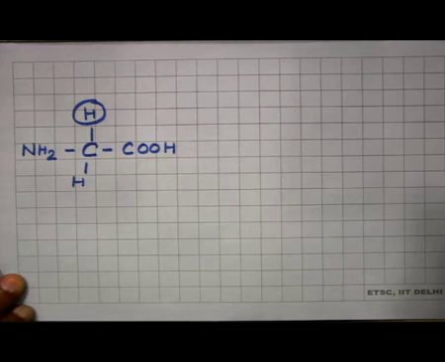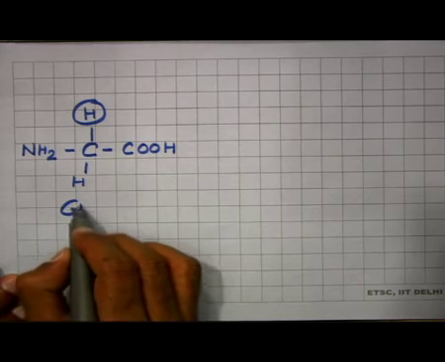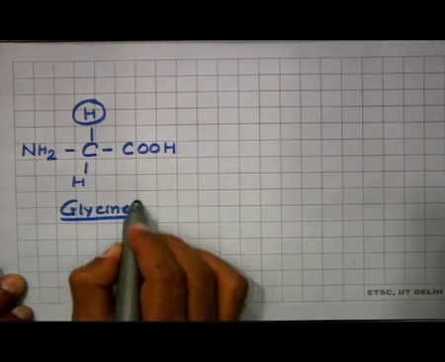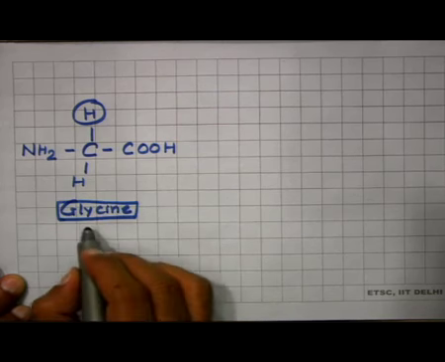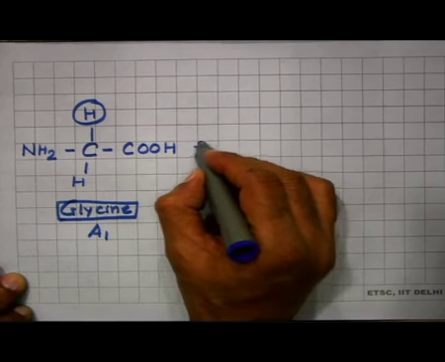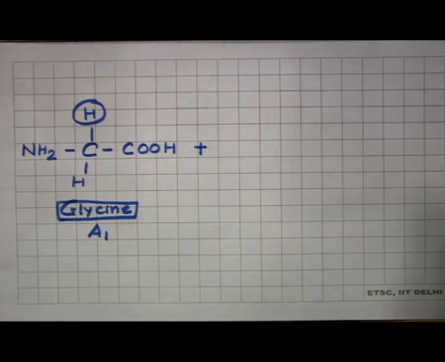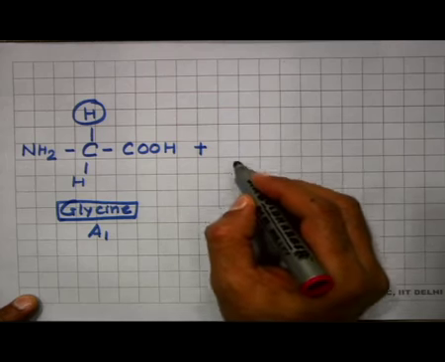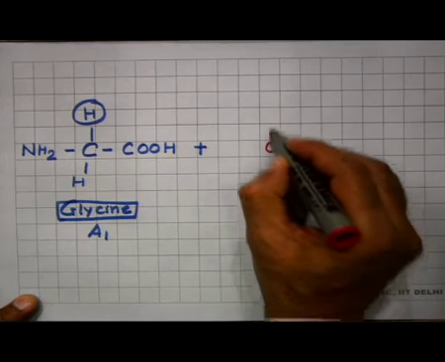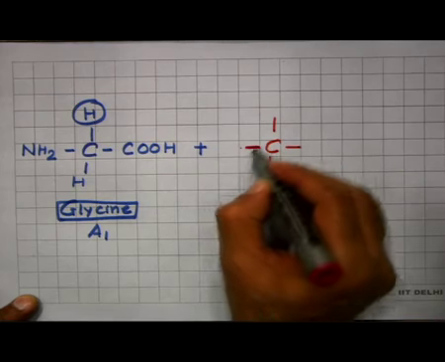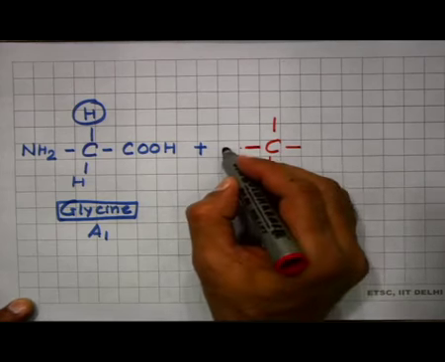R1 is H. This is the structure of glycine. You may consider glycine as amino acid 1. Now, the next amino acid you can write here, the next simplest one, is alanine. In alanine, the only change is that the H is replaced by the CH3 group.